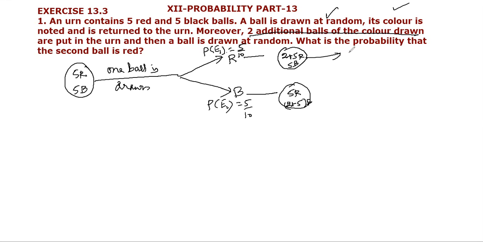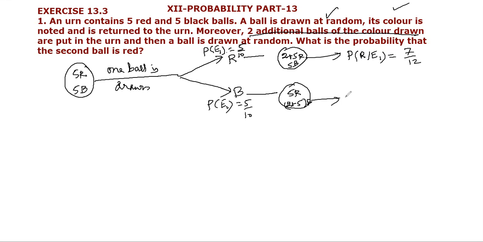If you draw the second ball red, the probability of a red ball when the first ball drawn is also red will become 7 by 12.